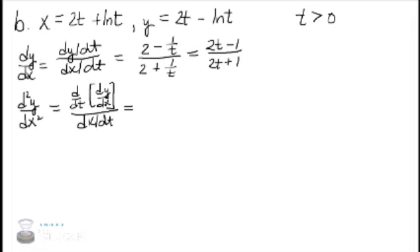In order to do this, we need to take the derivative of this dy/dx, and that's going to be a quotient rule. So I'm going to write it down separately down here. So we're going to find the derivative of that.